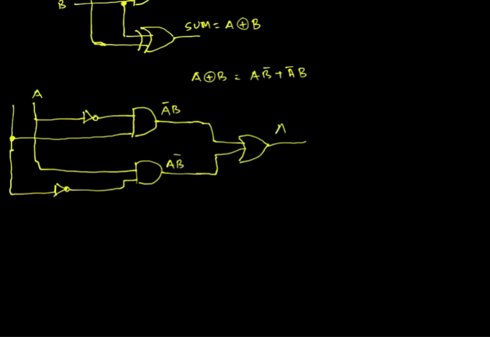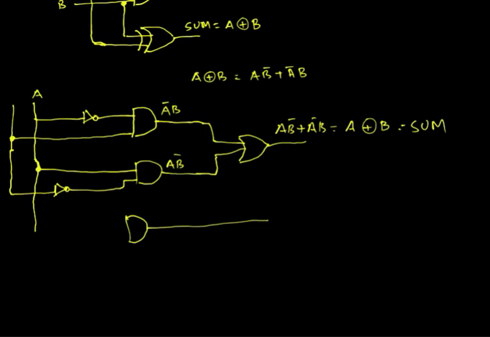So here it will be A B complement or A complement B, which is the A exclusive OR B, or X OR B. So this is the sum. Now to get the carry, these inputs have to be connected to an AND gate.